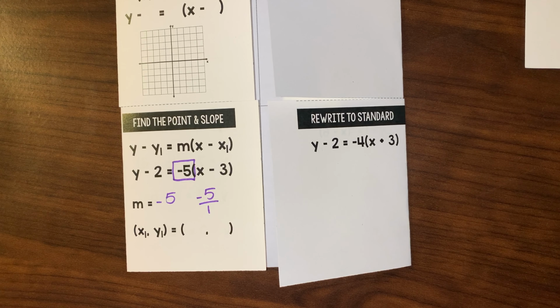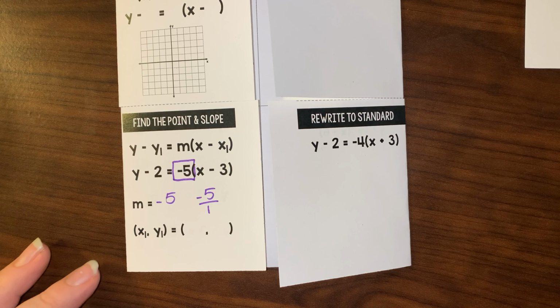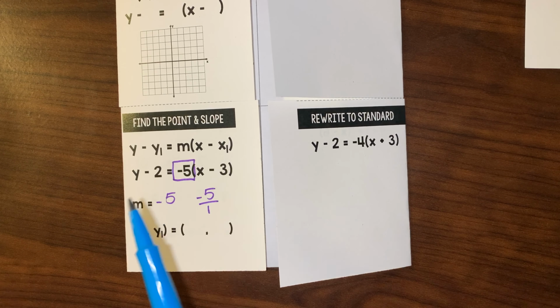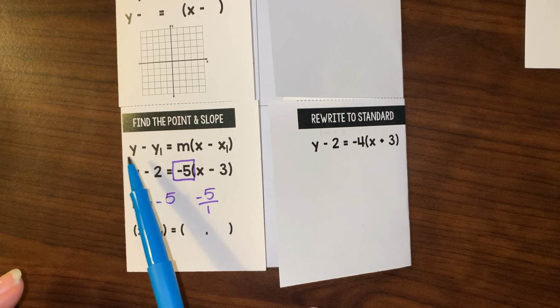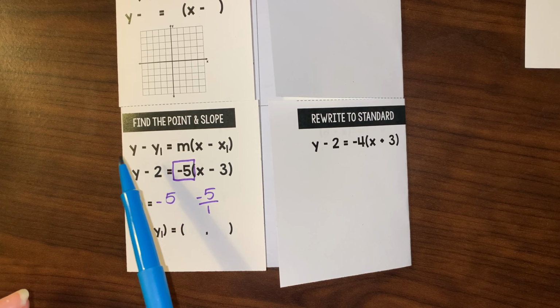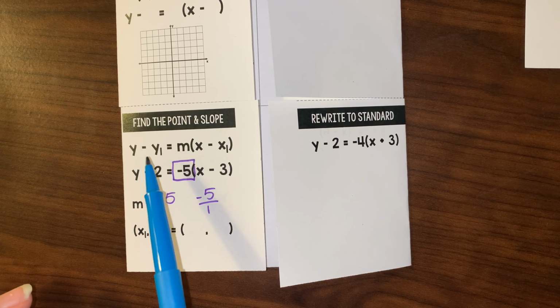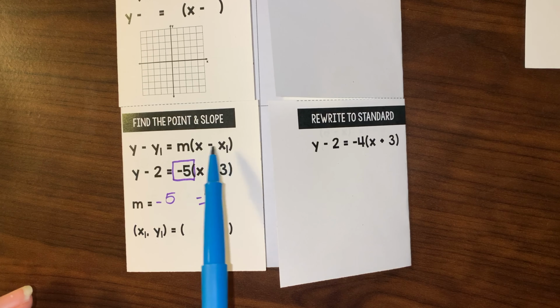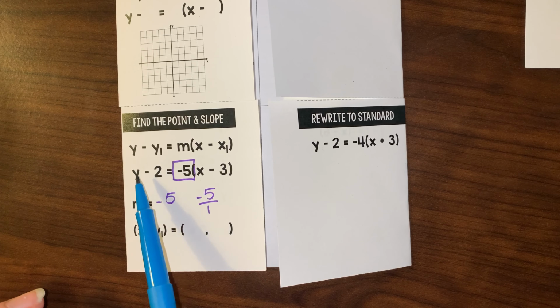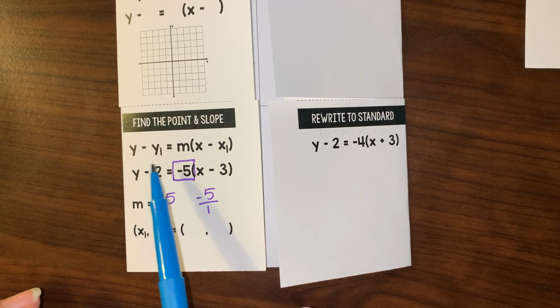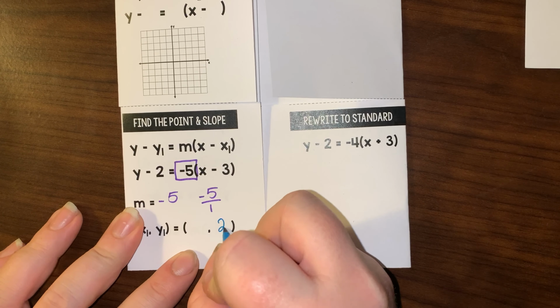The other thing that I can point out from this equation is a point that it passes through. So it's extremely important to point out that within this original equation, it's y minus y1 and then x minus x1. So even though in this given equation, it looks like it's -2, our y value is actually +2.